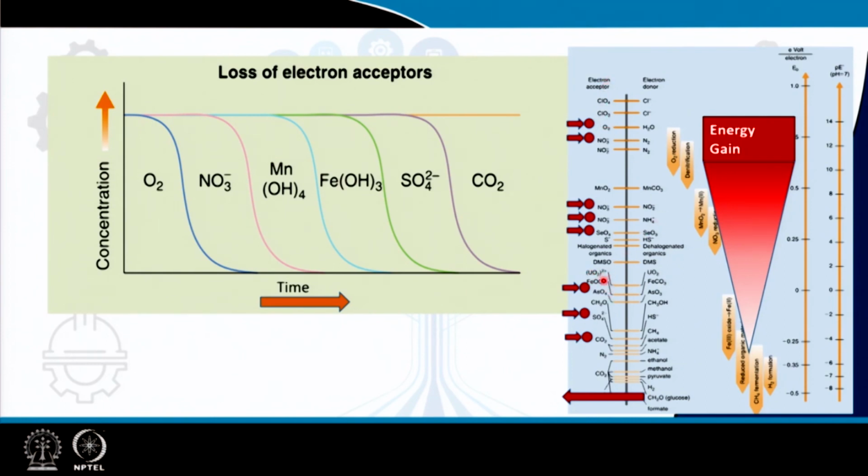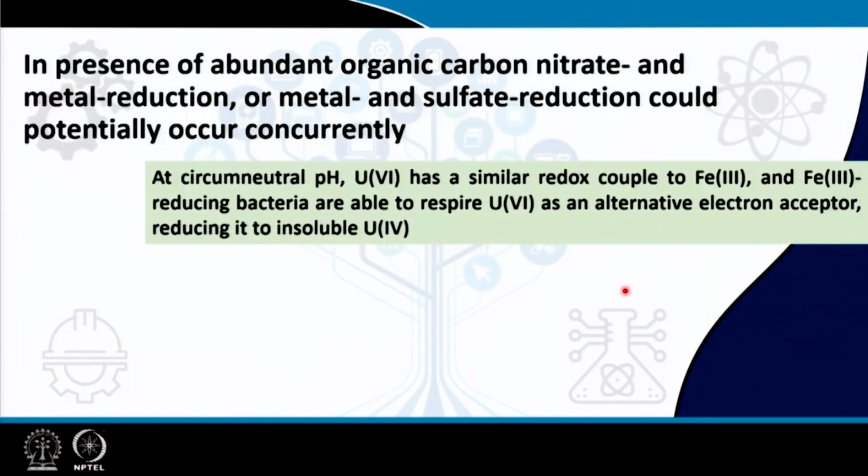You can clearly see that the uranium and iron redox couples are quite similar. So, the point is emerging over here that if you have sufficient organic carbon, for example, acetate or lactate, something like that.